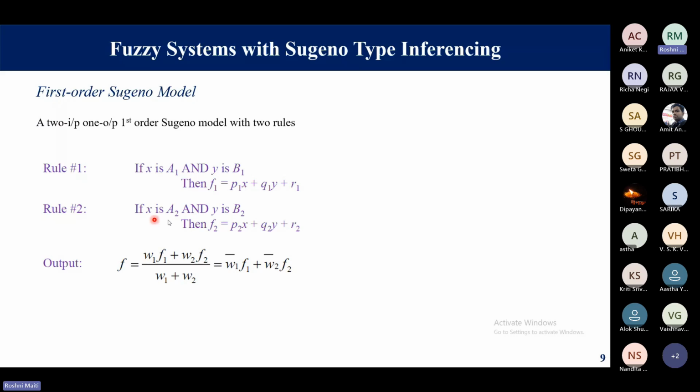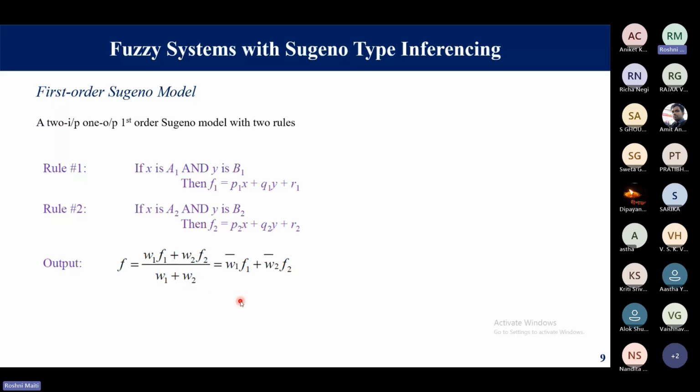And in rule 2, we have given if x is a2, y is b2, then we will have the rule like this. So for only two rules, the output is equal to the weighted average sum. Therefore, we have to multiply the weight with our function. W1 is the weight multiplied with the first function f1, and W2 is the second weight multiplied with the second function f2, divided by W1 plus W2.